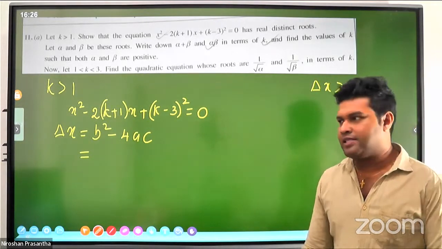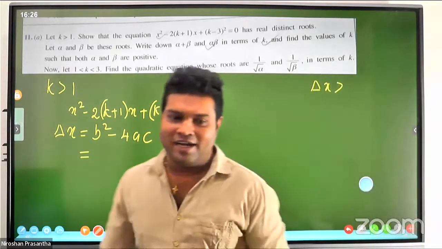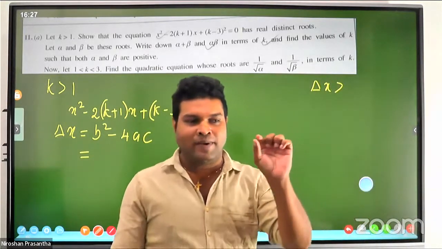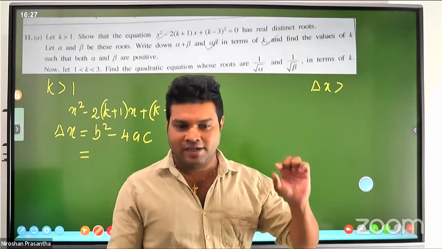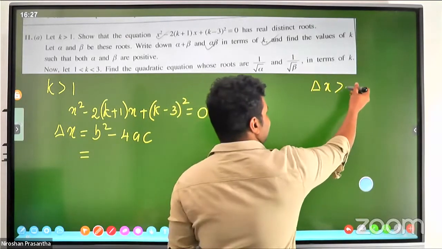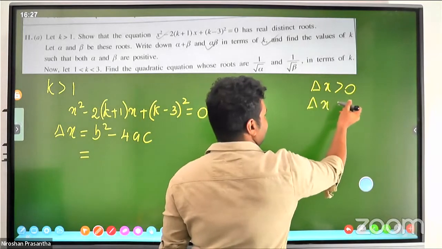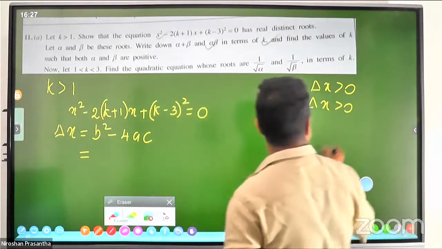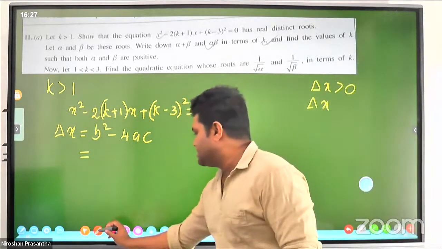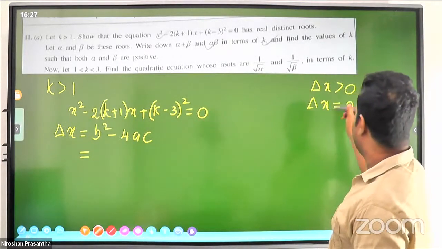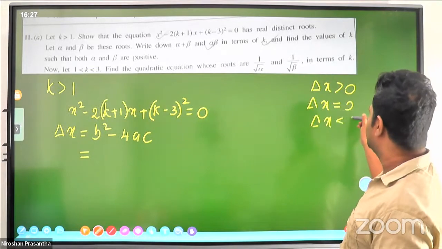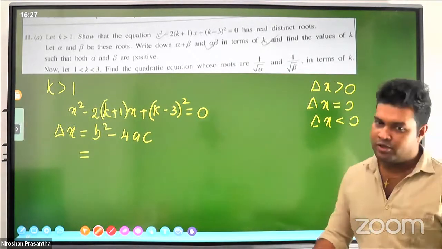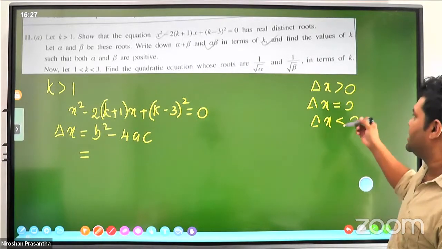If delta is 0, the roots are real but not distinct, they are coincident, the same root. And if delta is negative, the roots are imaginary, not real. These are the main three concepts.